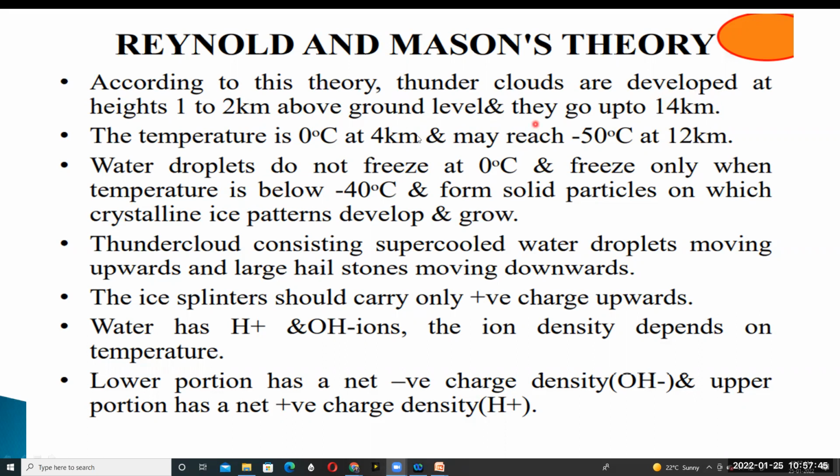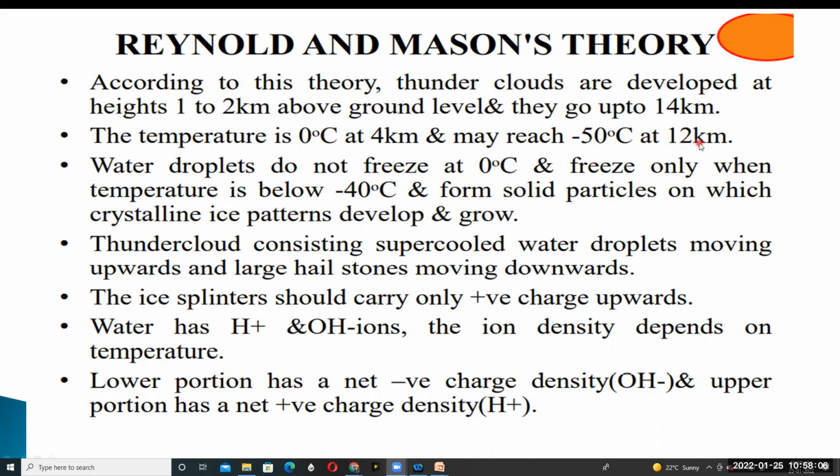The temperature is 0 degrees at 4 kilometers. That's why no ice crystals are present at 4 kilometers of the cloud; the temperature is only 0 degrees Celsius, so only raindrops are present. It may reach minus 50 degrees Celsius at 12 kilometers from the ground.